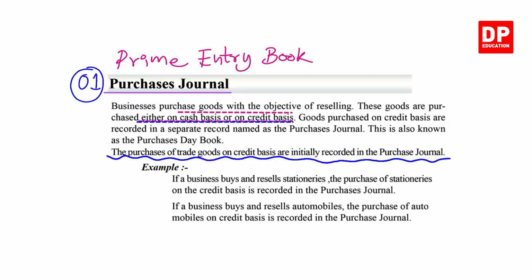Example: if a business buys and sells stationeries, the purchase of stationeries on credit basis is recorded in the purchases journal.